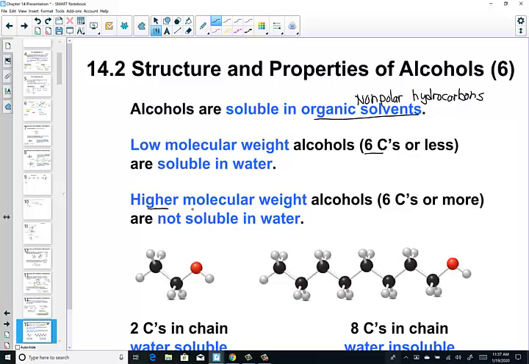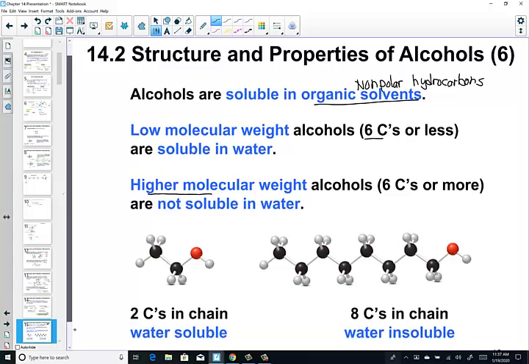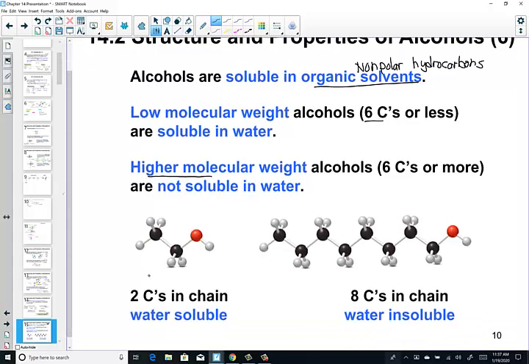But if the molecule gets too big and the nonpolar chain dominates, it will not be soluble in water. Here is an example of a 2-carbon alcohol called ethanol. Notice it has 2 carbons, and there's my OH group. So this meets the criteria of being water soluble because ethanol is 6 carbons or less.